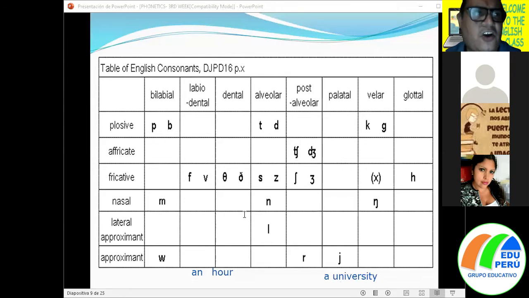But teacher, there's a consonant, the letter H, but the letter H is not pronounced. So you say hour, an hour. Be careful with the spelling and pronunciation. The writing of a or an is demanded by the pronunciation, not the spelling. An hour, a university.